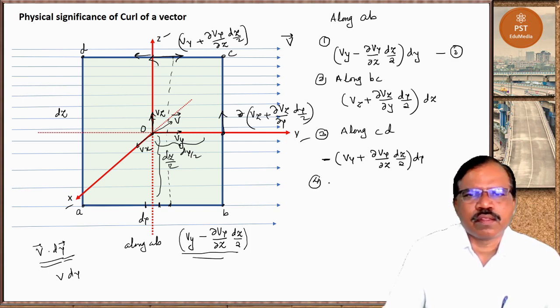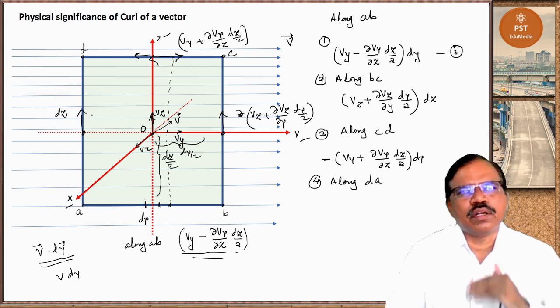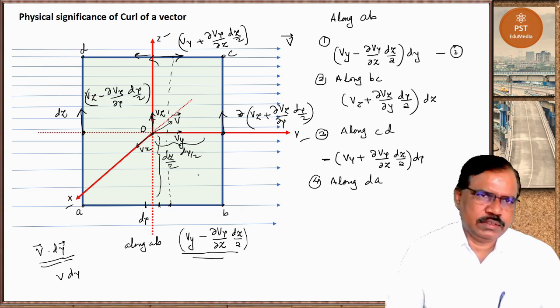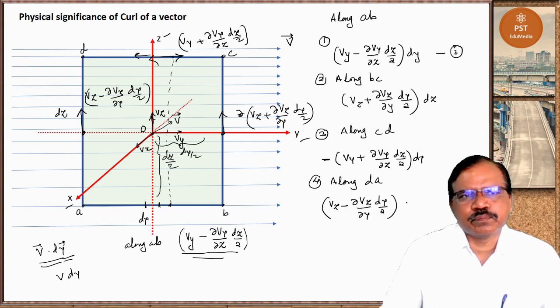Now fourth, along DA. Here the component along the z axis is Vz minus ∂Vz/∂y into dy/2, multiplied by DA, that is dz.